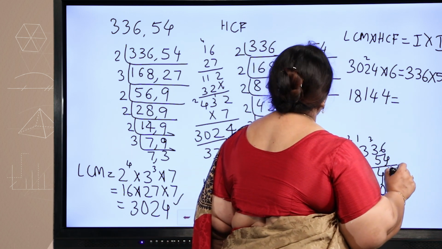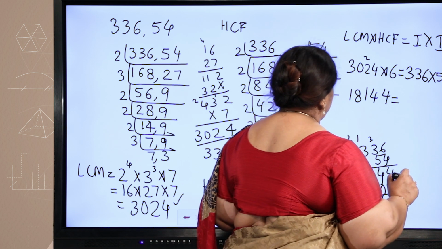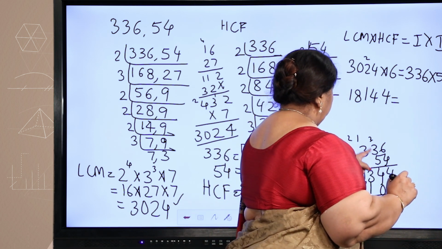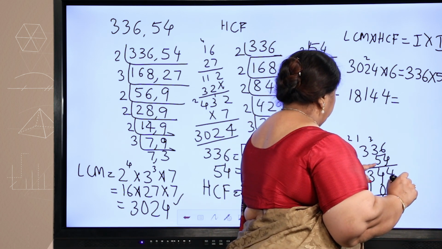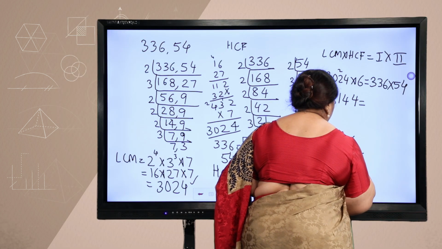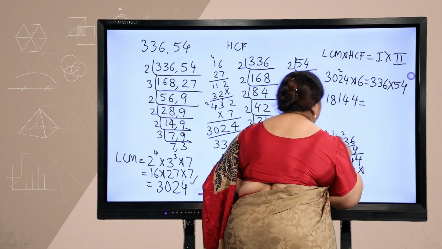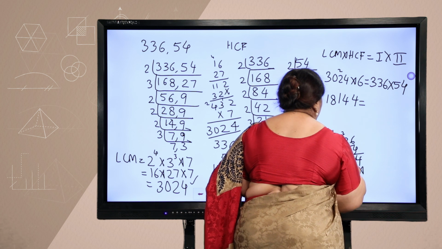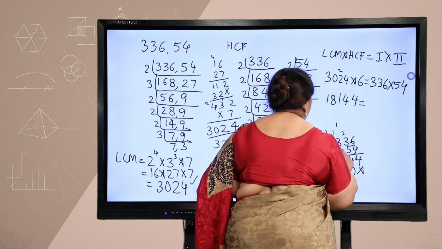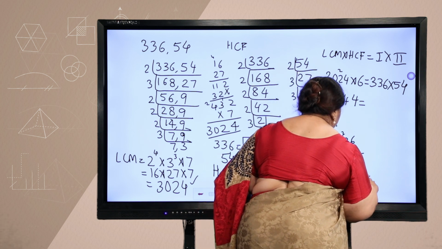Something went wrong. 336 into 54. 6 5s are 30, 3 carry, 15, 18, 1, 6.